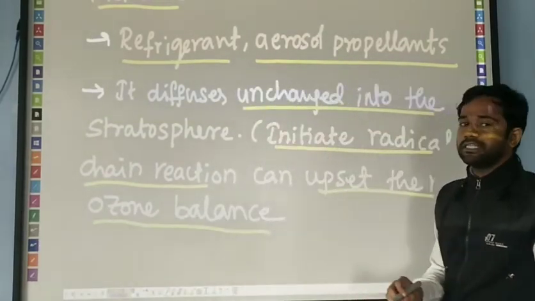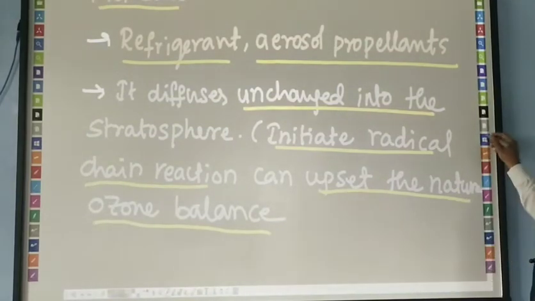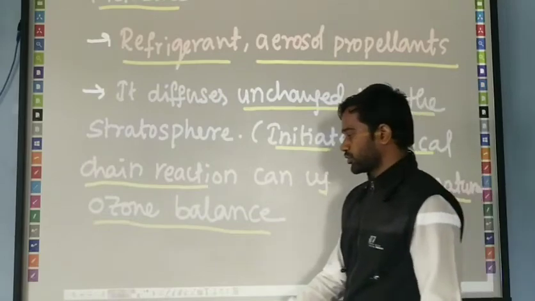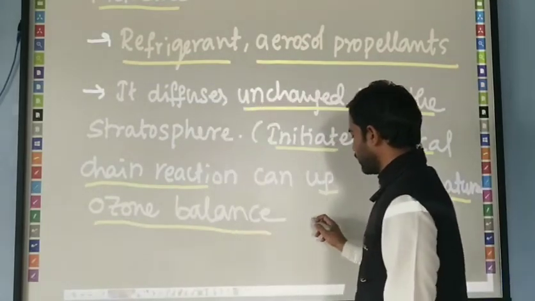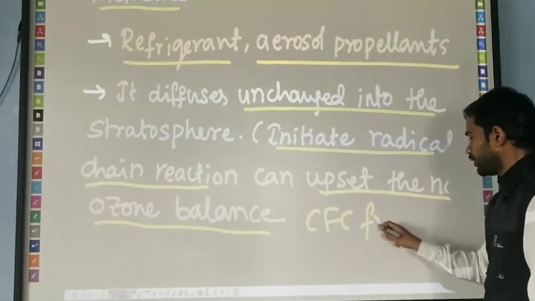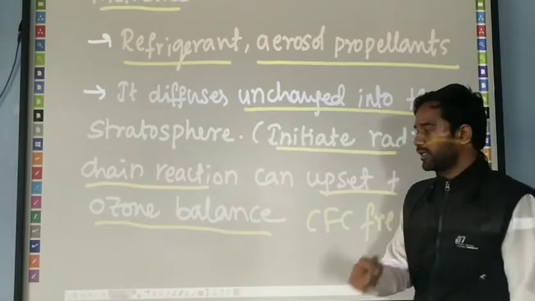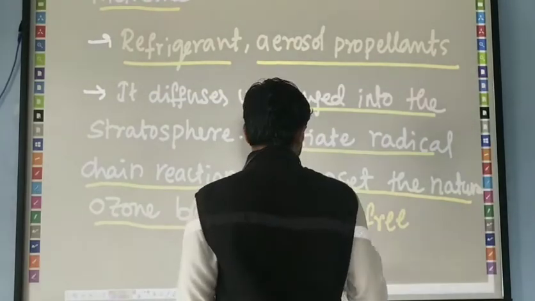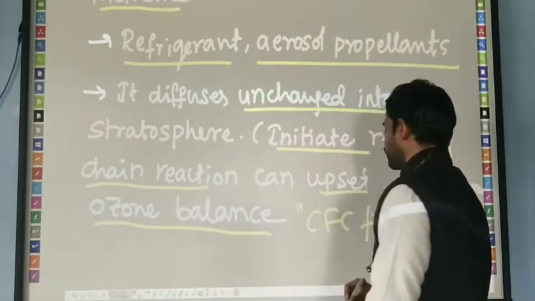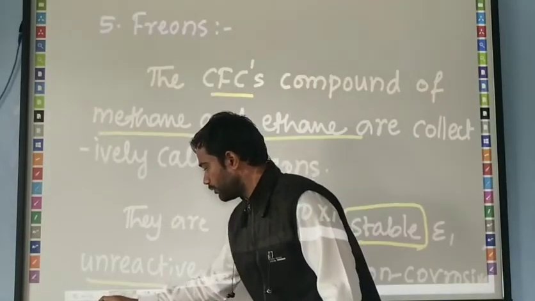That's why these need to be banned first, and then an alternative source must be found. Nowadays CFC-free refrigerants and air conditioners are manufactured, and CFC-free compounds are the most usable and effectively used.